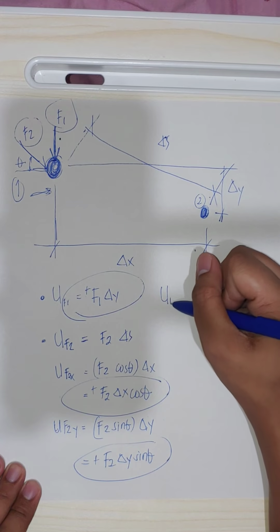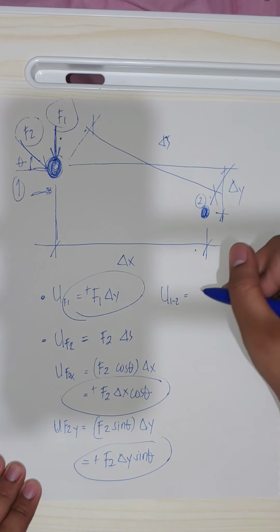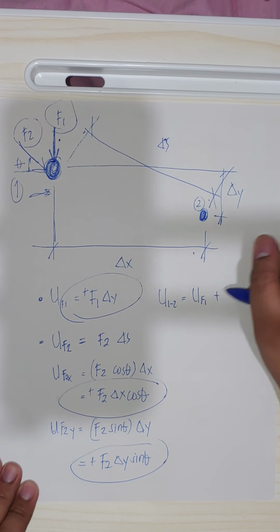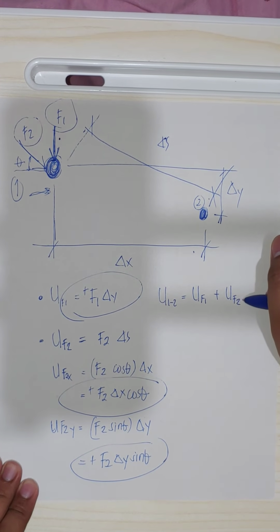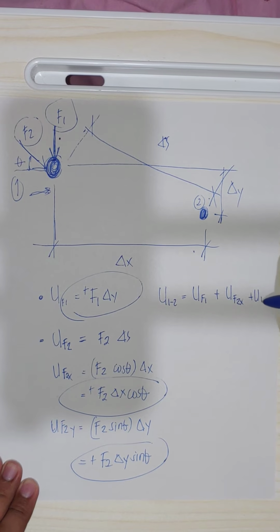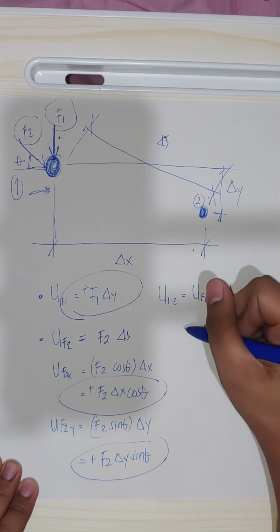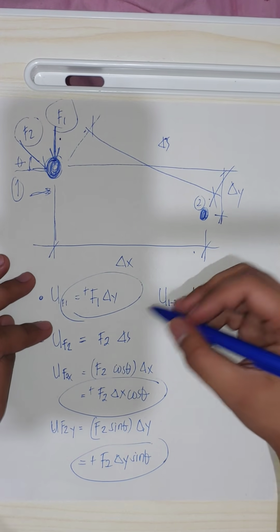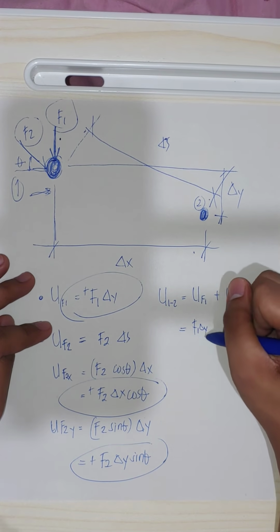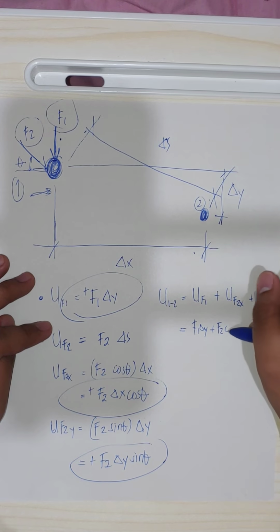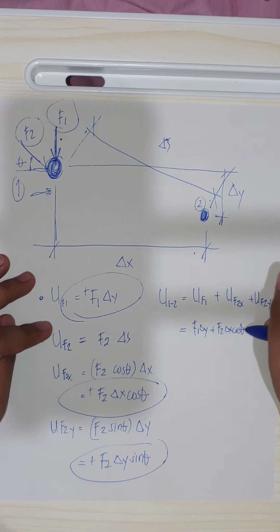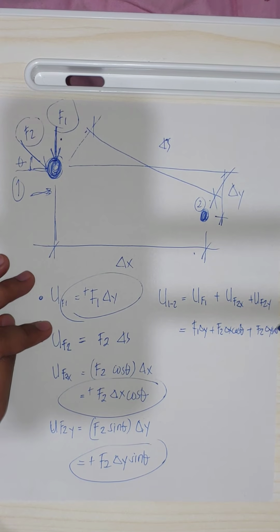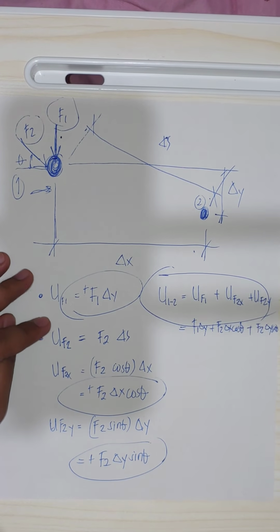The total work done from the first to the second position is the work due to force F1 plus the work due to force F2 along X plus the work due to F2 along Y. Let's simplify. Then we will have F1 delta Y plus F2 delta X cosine theta plus F2 delta Y sine theta. So that's how it is broken into components.